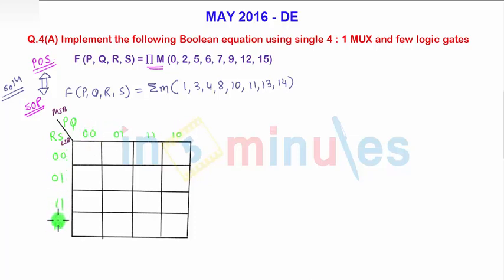Okay, now if you're going to fill up this K-map, the positions are 0 1 2 3 4 5 6 7 8 9 10 11 14 and 15.